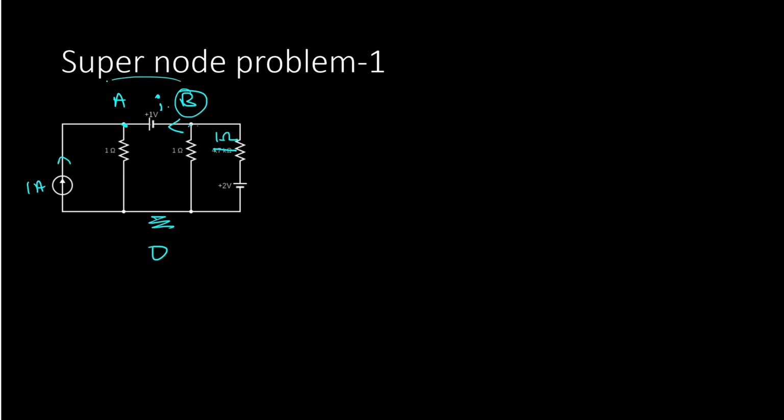First we consider the two nodes to be a single node, and we can take either of the two nodes. I will take node A. At A, what are the currents? A current pushed through here, so we have VA by 1 plus 1.